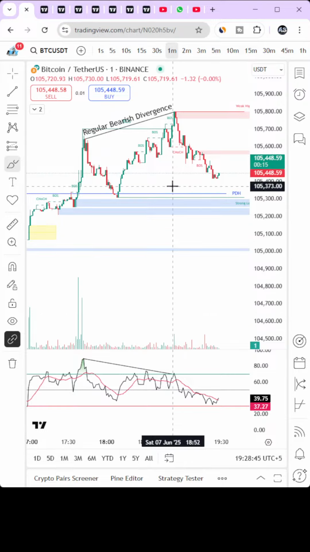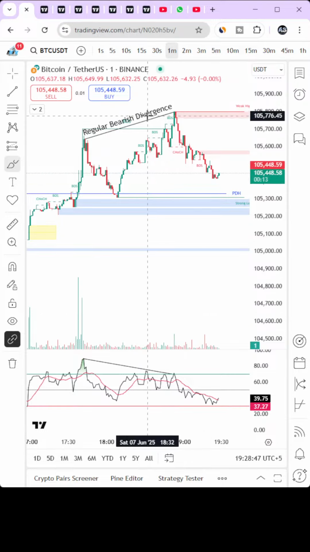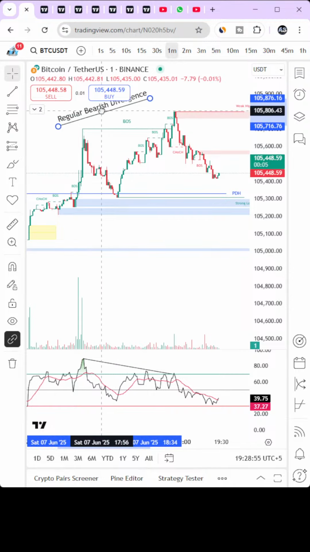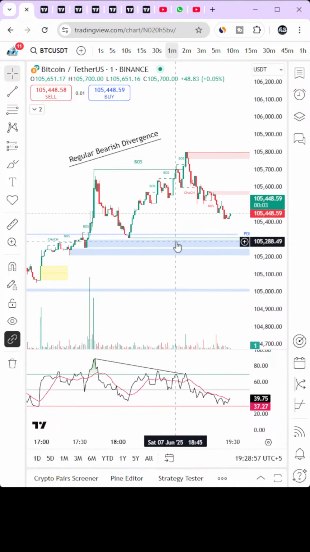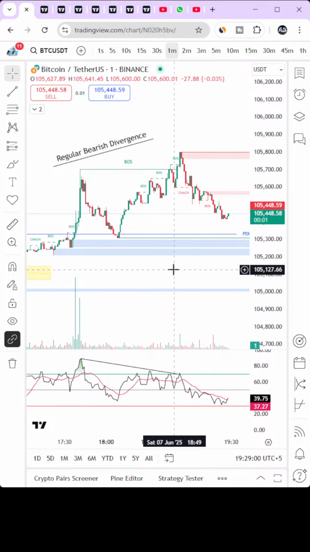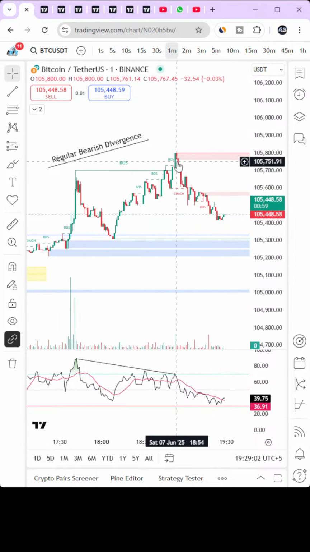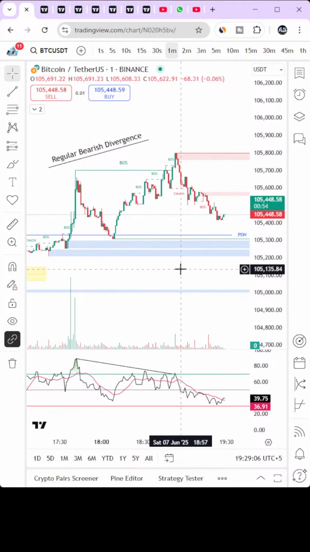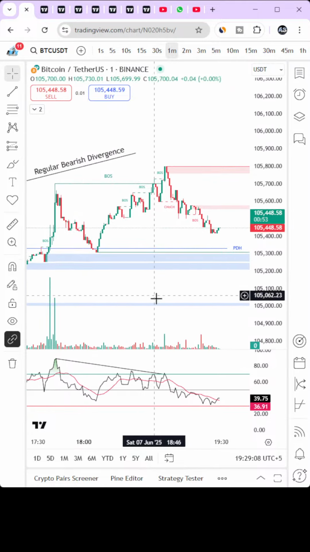And another sell reason here I am showing you, according to the market structure, smart money concepts. Now you can see here the market has broken the previous structure. How is the structure broken?